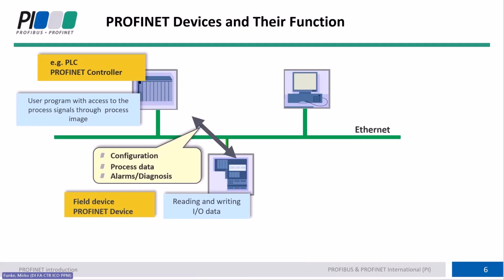And last but not least, there's also a possibility to send alarms and to diagnose this device. So maybe there is an open measurement channel. That means that your sensor cable is broken. Then this is something that can be diagnosed. Or it can also send an alarm, for instance, that you set up: if I have a measurement between 0 to 10 volt, and if the voltage is going over 9 volt, I want to get an alarm.